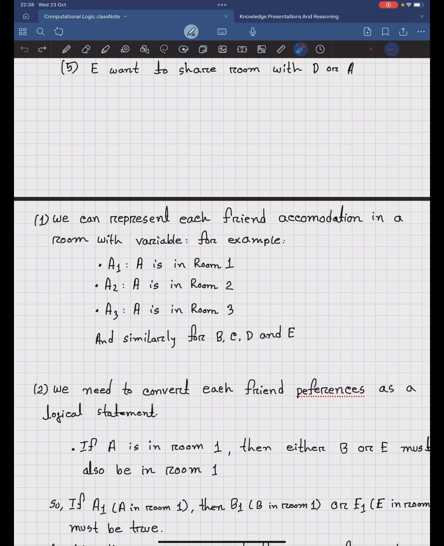Let's think: your friend A can choose room 1, room 2, or room 3. The subscript notation, 1, 2, 3, represents the room numbers.